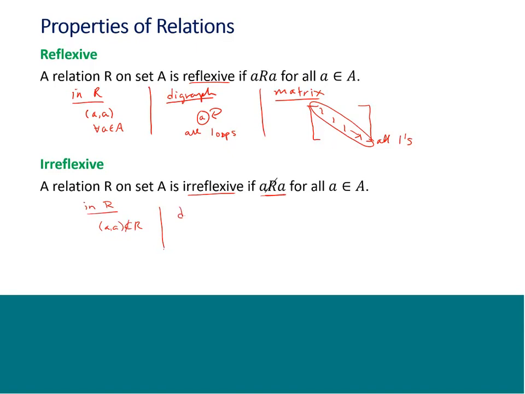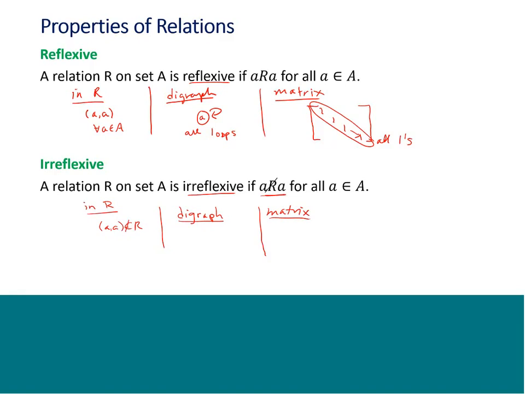In the digraph, any guesses what would happen in the digraph? And I'll prep up the matrix while, if anybody's got a guess, feel free to use that chat. So maybe I should rephrase that.